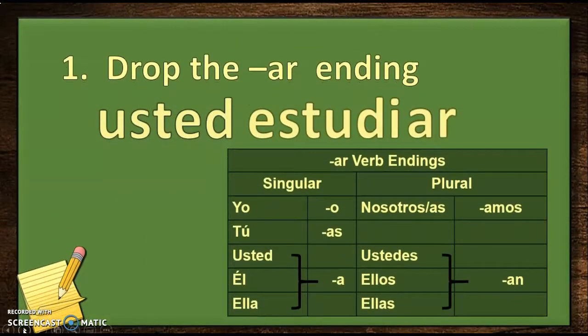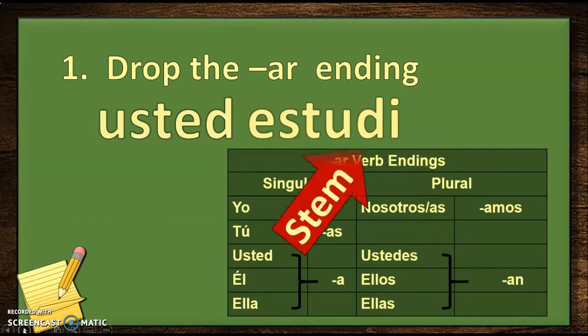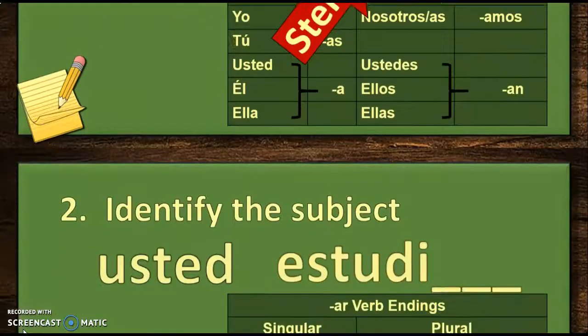Let's use a different verb now. Estudiar. Follow the same procedure. Drop the AR. You're left with the stem, and notice that this stem is estudi. It's everything except the AR. So remember, only drop the AR when you're conjugating verbs, or the final two letters of the infinitive verb.